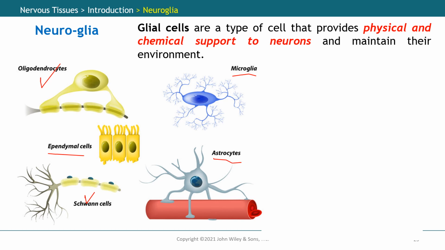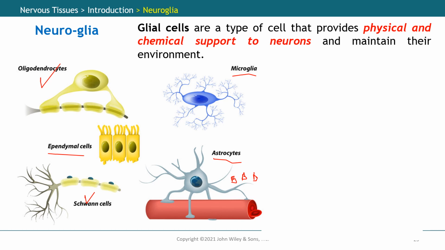The astrocytes are the ones that form the blood-brain barrier. In other words, they don't allow the blood to get in contact with the central nervous system, in this case, for example, the brain.